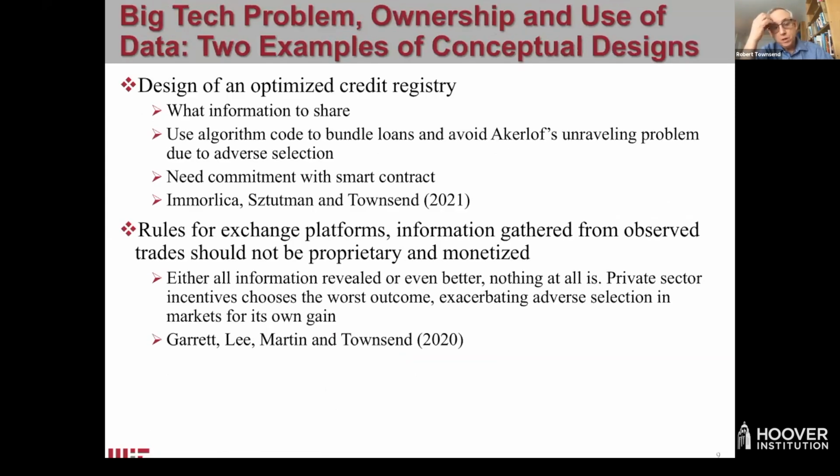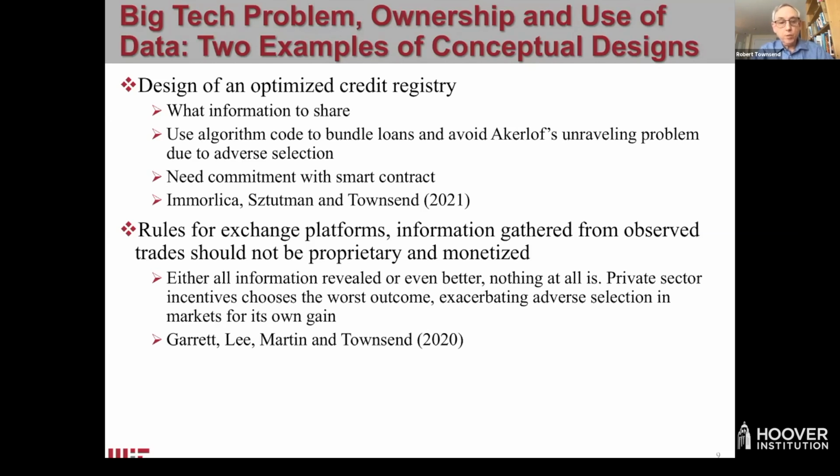Now, when we start talking about proprietary databases, then what emerges is this concern about big techs, namely who owns and uses the data. I feel it is necessary to give you my take on this by offering two examples of conceptual designs that deal with privacy issues. Namely, one, the design of an optimized credit registry.